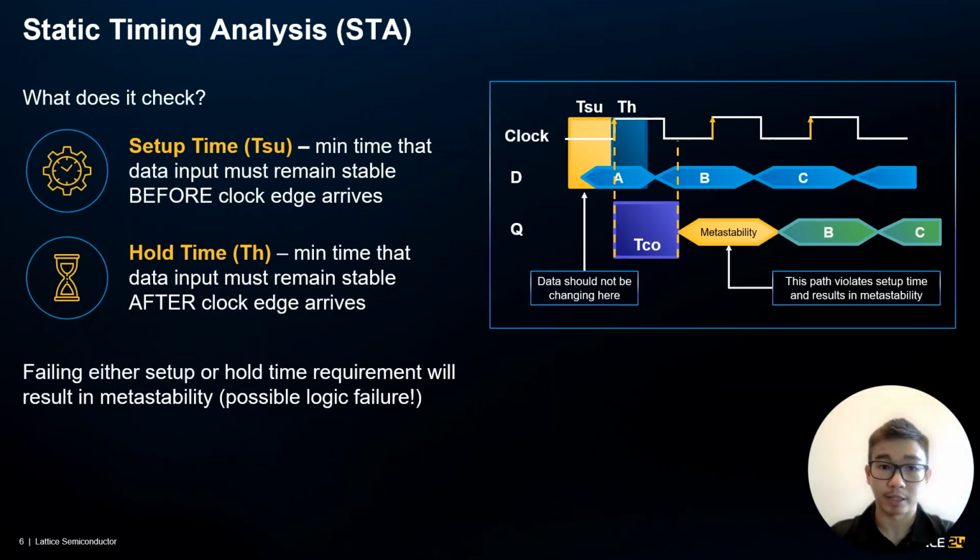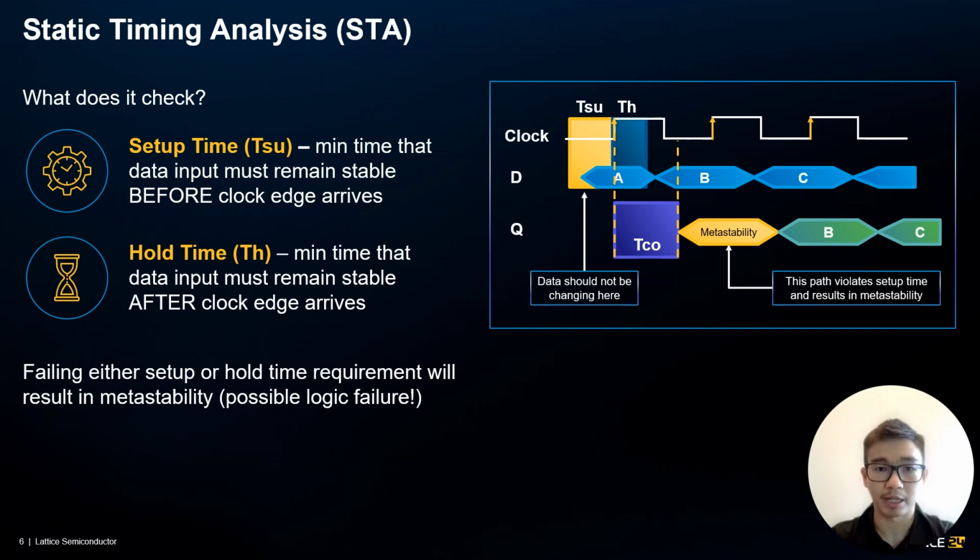Now that we know what STA does on a high level, the next question is how does it do that? Well, STA primarily checks on two things, which are setup time and hold time. Setup time is the minimum amount of time that the data input must remain stable before the capture clock edge.